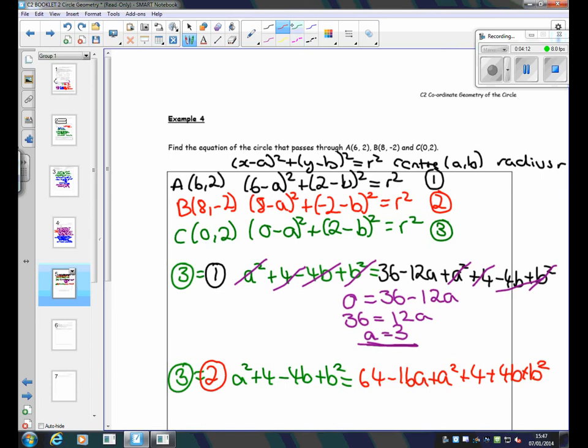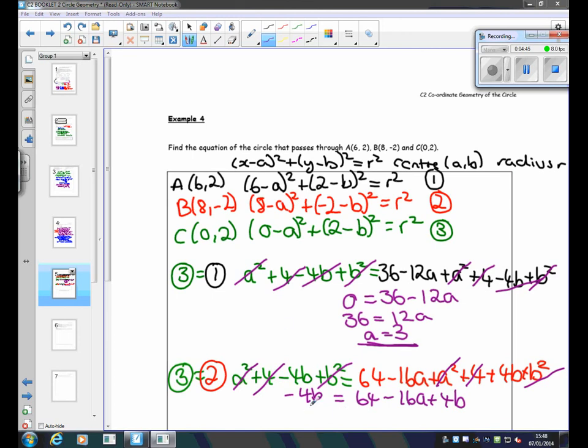So we've got an a squared, we've got a plus 4, we have a b squared. So this gives us minus 4b equals 64 minus 16a plus 4b.